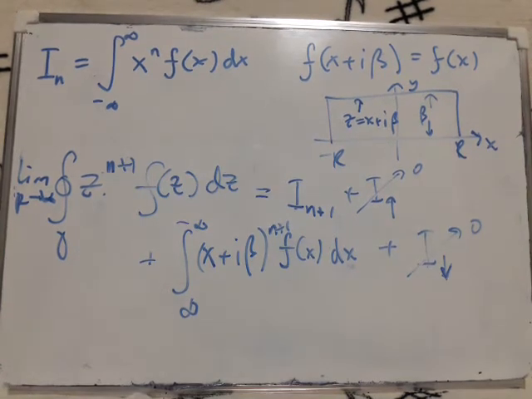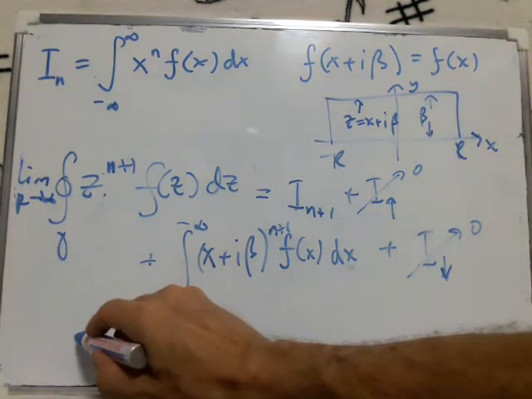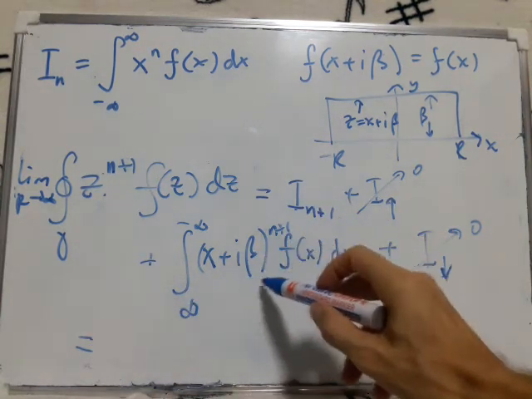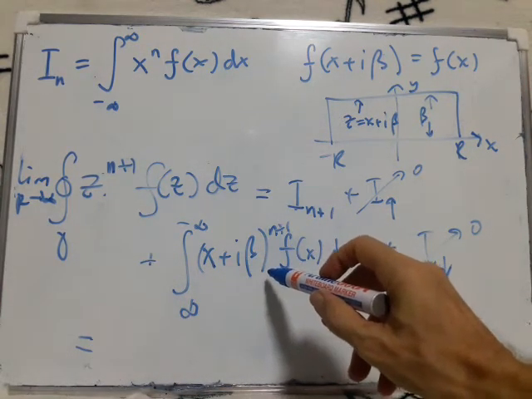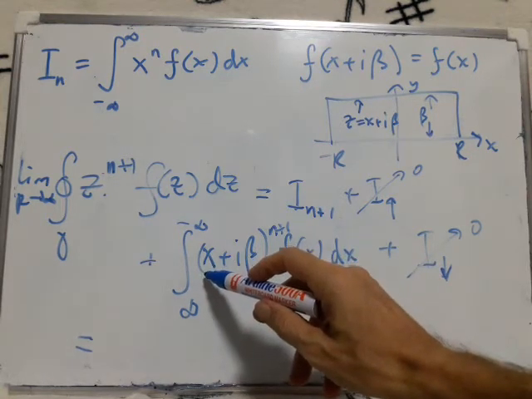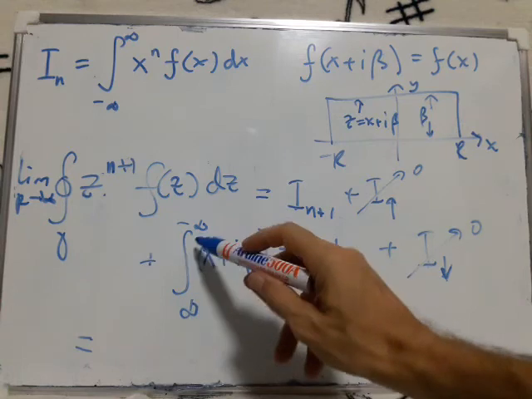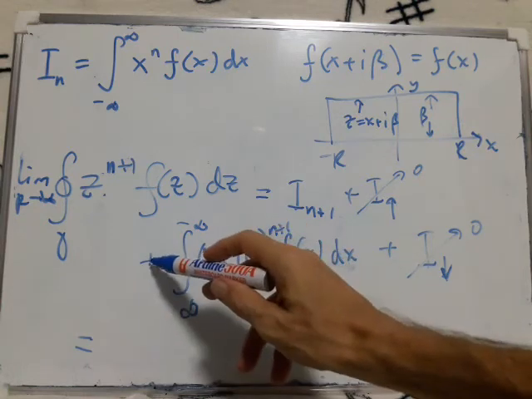So basically what happens is very similar to what happens with the log integrals. If we expand these brackets with the binomial theorem, then the first term will be x to the n plus 1. We've got limits infinity to minus infinity. Swap those, we get a minus sign.